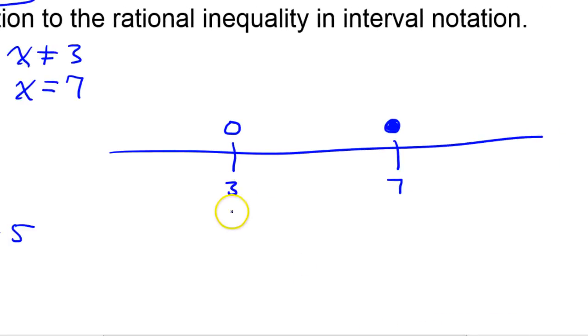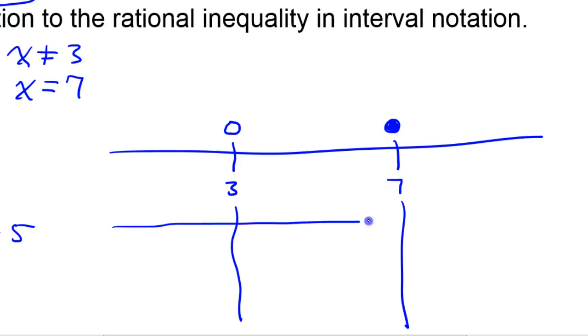So I need to do some test values here. I'll make a little chart, because I need to see where the solutions are. So I'm going to test values, like a value over here would be 2. So I'm going to check the value at 2.